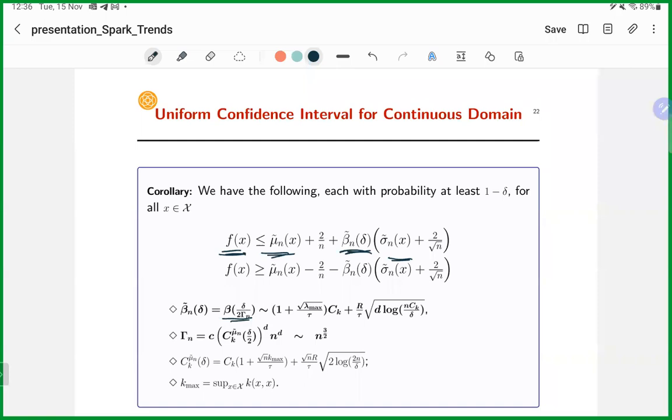Okay, but then I think it comes down to the validity of that assumption. This is under a different assumption. This is saying that the function f is a fixed, unknown function. As long as its RKHS norm is upper bounded by C_K, this is true, right?